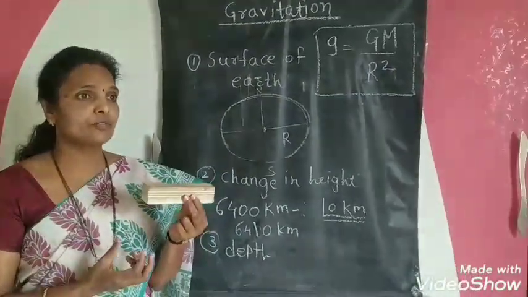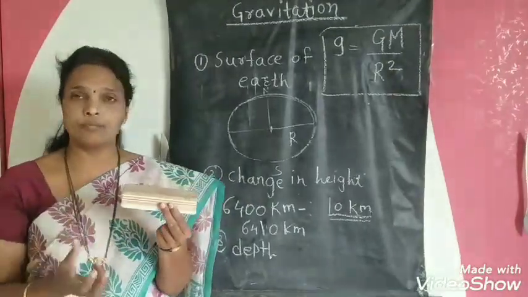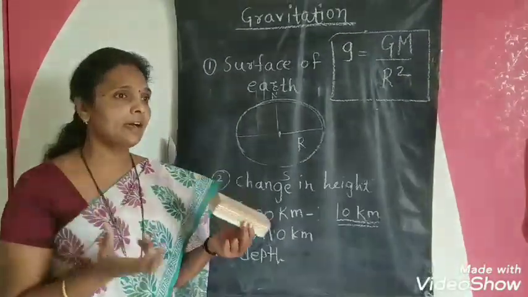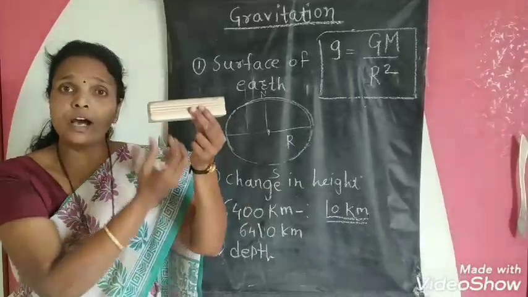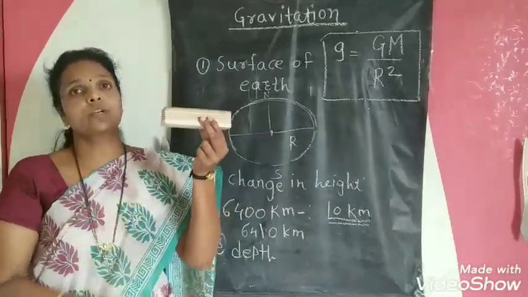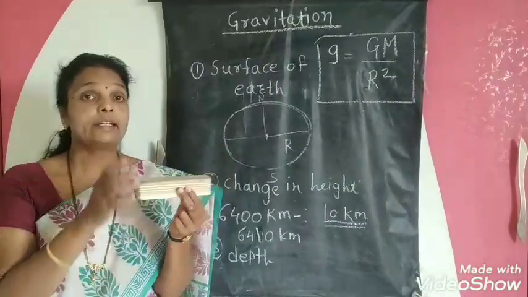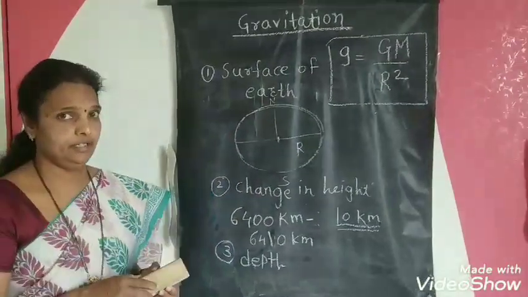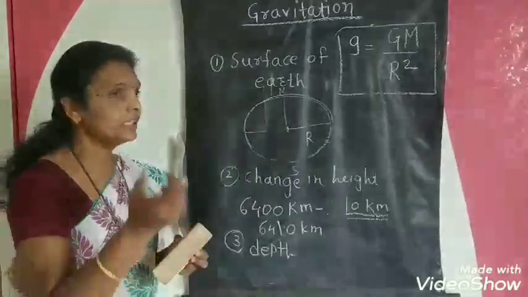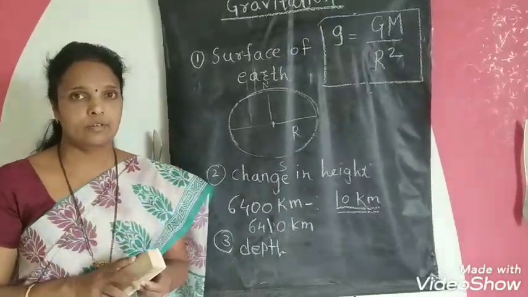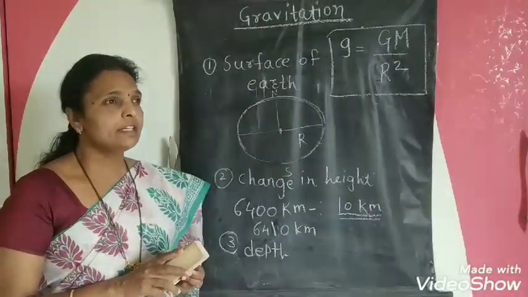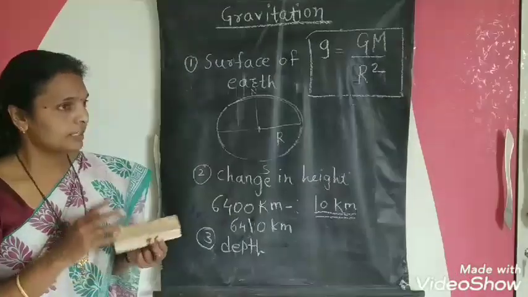The weight of an object is defined as the force with which the object is attracted towards the earth. That is called weight, and it is a vector quantity. Weight is a vector quantity, mass is a scalar quantity, and weight is nothing but one type of force.